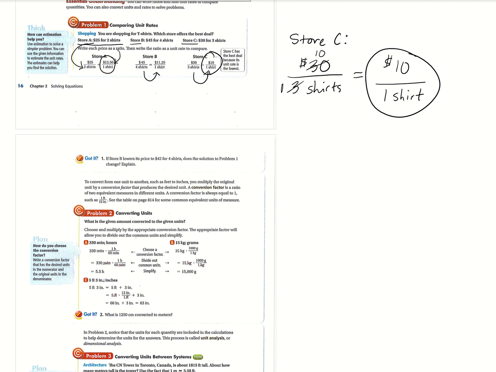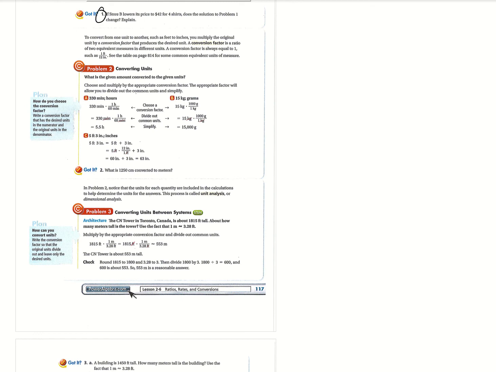So store C is actually the best deal, right? That's what it asked us here, which store offers the best deal. That would be store C in this example. I want you to go ahead and do the got it problem number 1 there, and see if that does anything different.